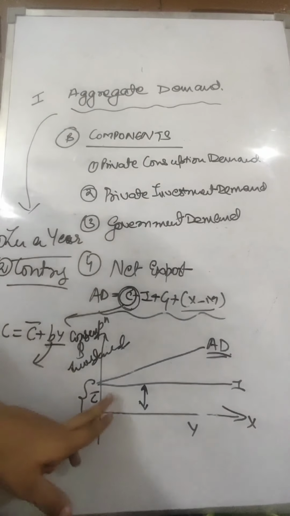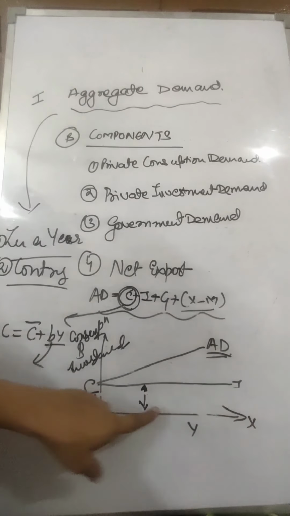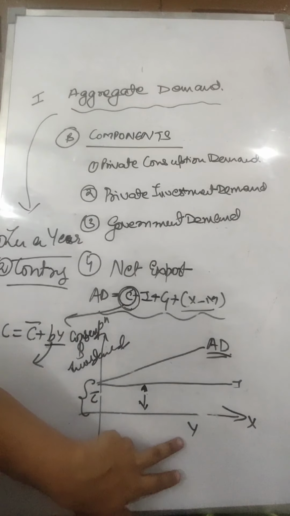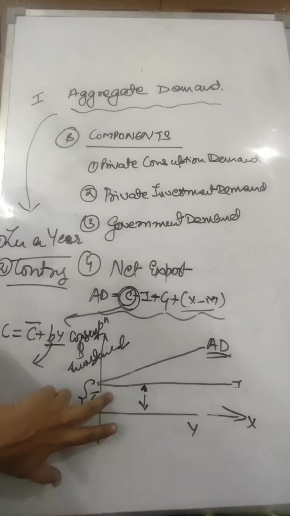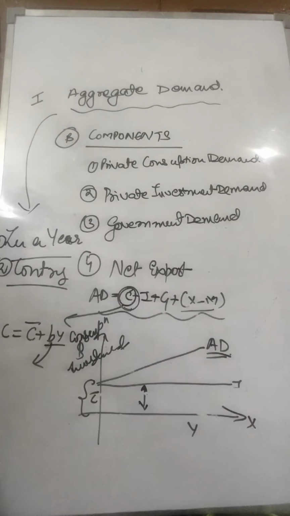So investment is our line parallel to the x-axis, because we consider that investment goes hand in hand with income. As you have more income, you will invest more, but only in the long run, or when you require more aggregate demand, then you will have to invest more. But at a simple stage, we consider that your investment will be constant throughout.